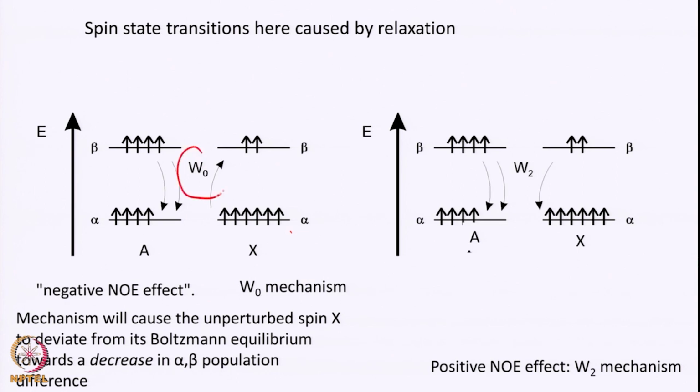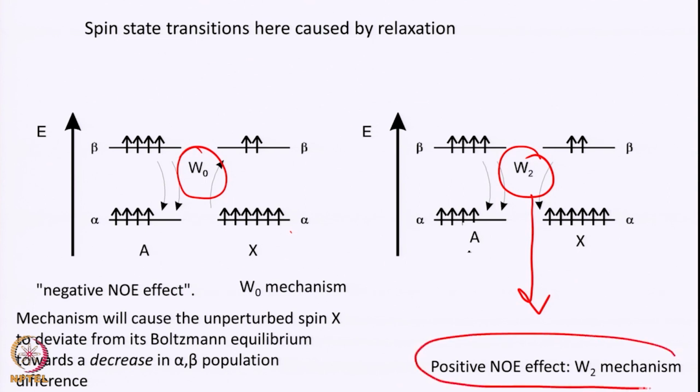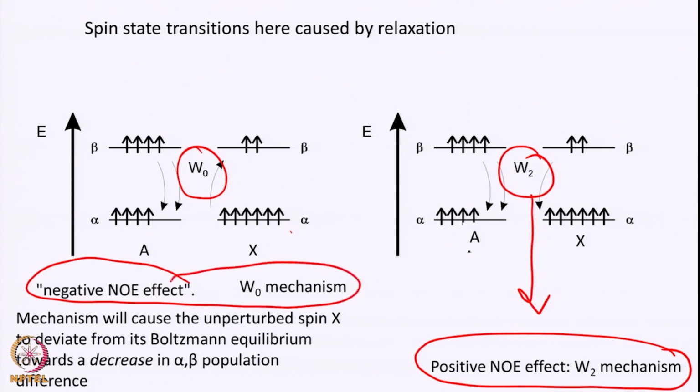One is omega 0 and the other is omega 2. We discussed that positive NOE comes from the omega 2 mechanism, which we showed quantitatively in the previous class, and negative NOE, which happens for bigger molecules, comes from the omega 0 mechanism.